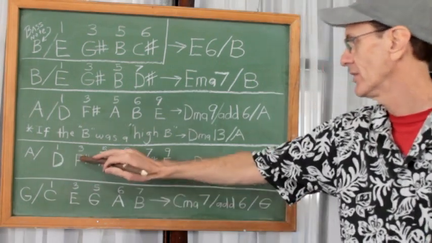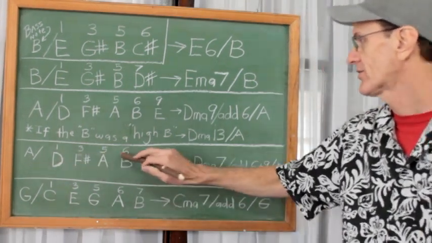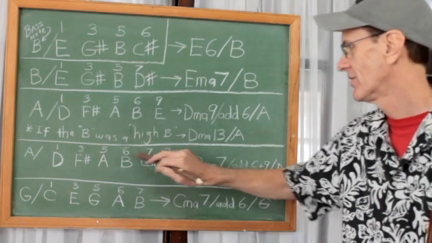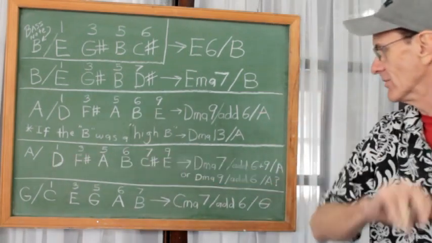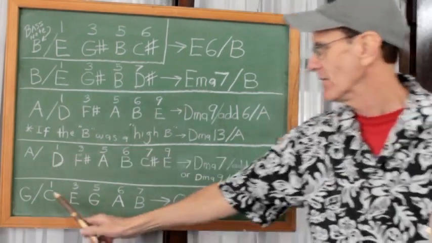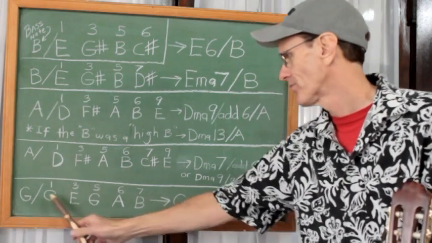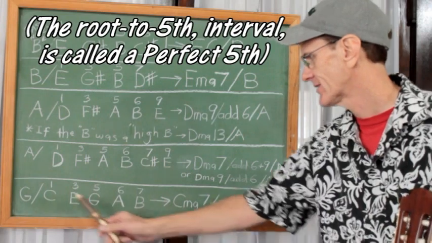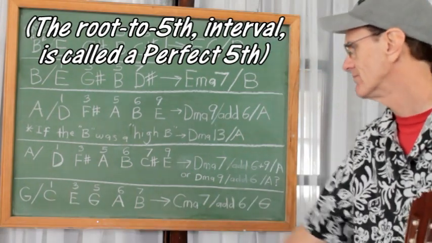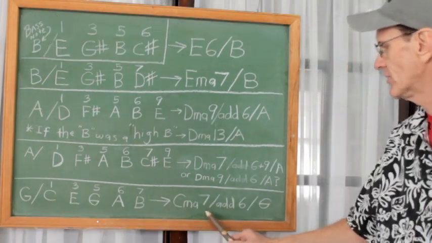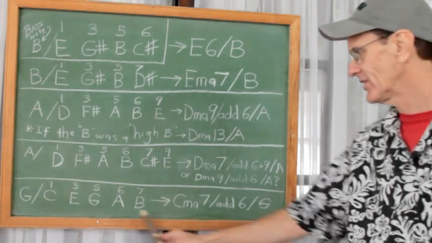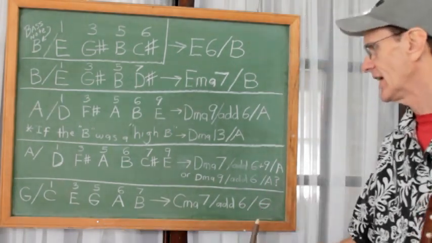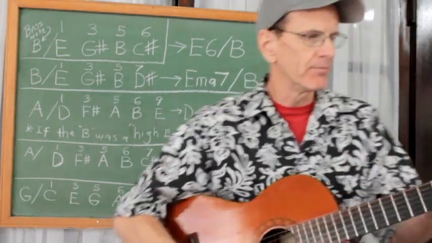You got major third there, major sixth, major seventh, and a major ninth interval. Now here we have a major interval, C major, and then the major sixth and the major seventh. C major 7, add the sixth in there, /G, and that's what you get.